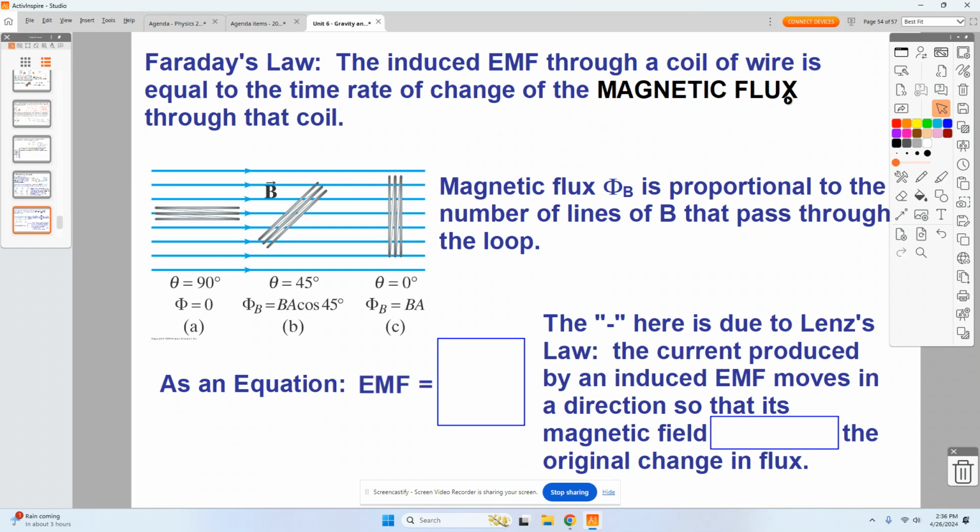In this case, I have a loop that has three different orientations. One is parallel to the magnetic field, one is perpendicular, and another is at an angle. If I were to think of flux as just the number of field lines, and I were to draw it up here, I would see that there are 6 field lines passing through that coil.